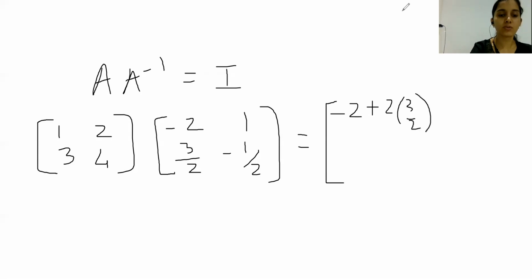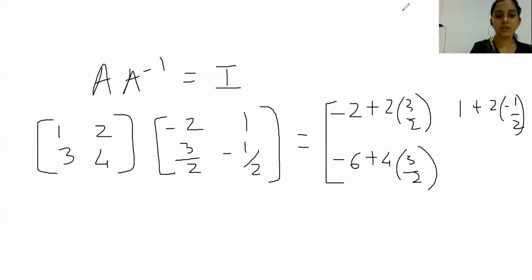Okay, this is your first one. Then the second one will be 1 plus 2 into minus half. Okay, then minus 6 plus 4 into 3 upon 2 and 3 plus 4 into minus half.